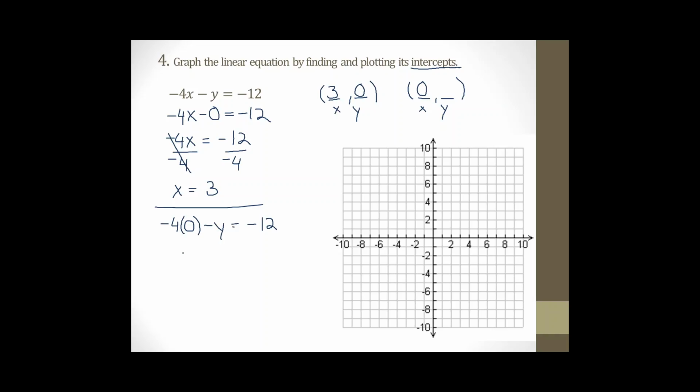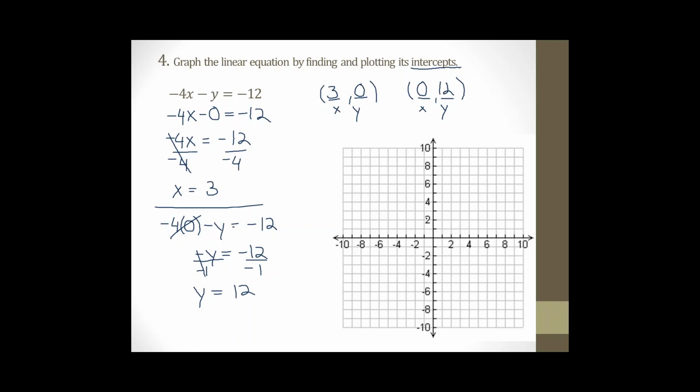And negative 4 times 0 is just 0. So I'm left with negative y equals negative 12. To eliminate that negative in front of the y, I can either divide or multiply by a negative 1. I'm choosing to divide by a negative 1. So now y is equal to a positive 12. So right here, my y-intercept is at 0, 12.